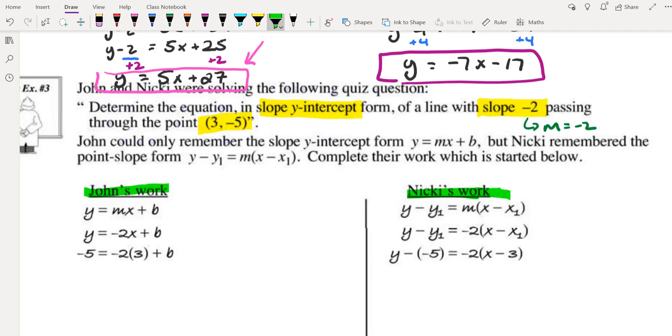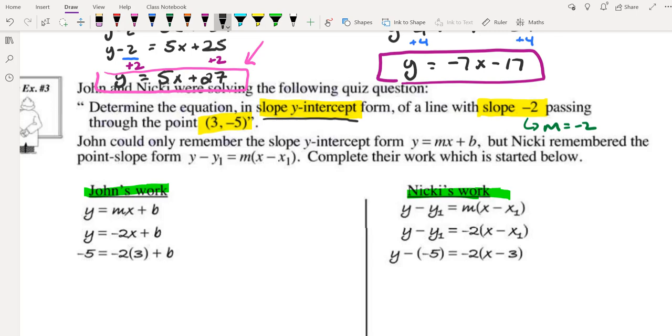And it says, please complete the work and come up with the equation in slope y-intercept form. Now, the whole point behind this question is these are both equations of a line. At the end, you should end up with the same equation. It doesn't matter what approach you take. One method may be a little bit more efficient than the other.